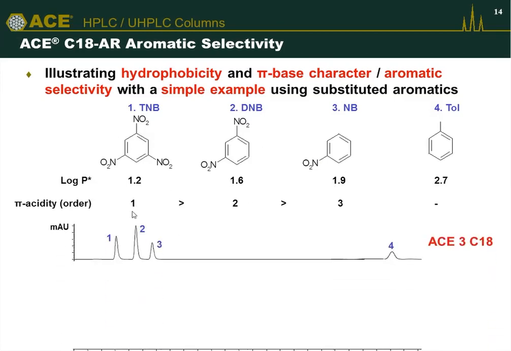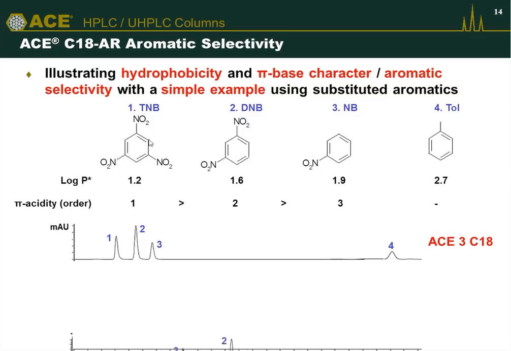So you can see here peaks 1, 2, and 3 relating to the nitrobenzenes, and then out here toluene as peak 4, marking the hydrophobicity of that phase. Now, these analytes are actually pi acid analytes, so electrons are being drawn out of this ring by these nitro groups.